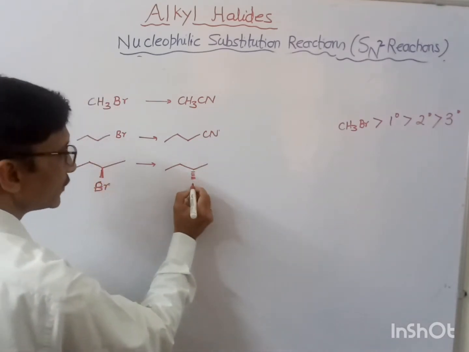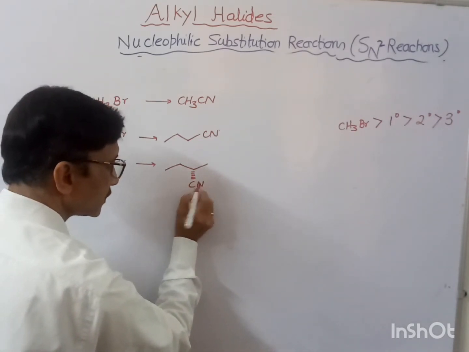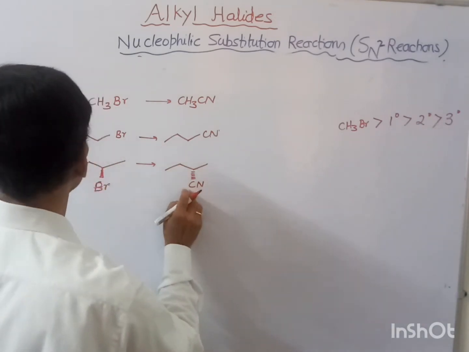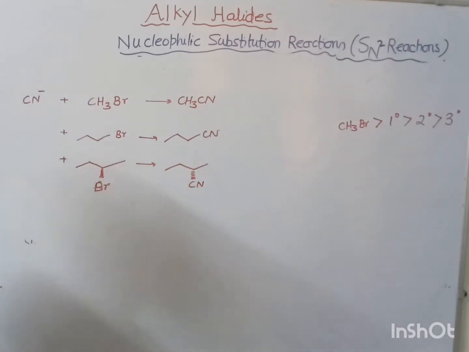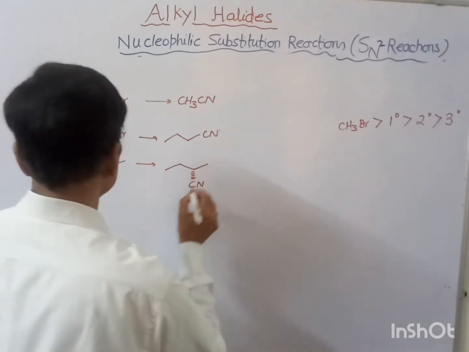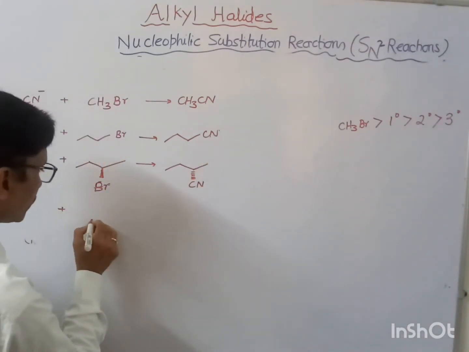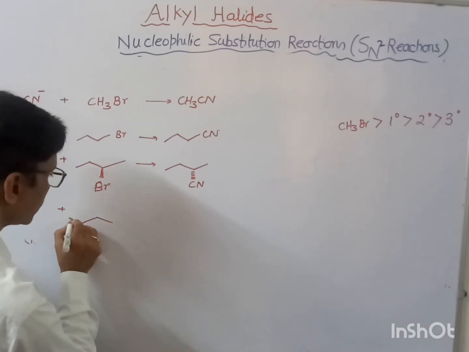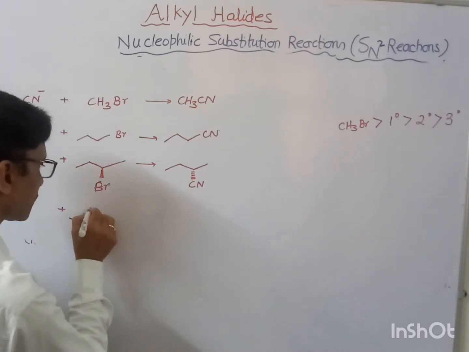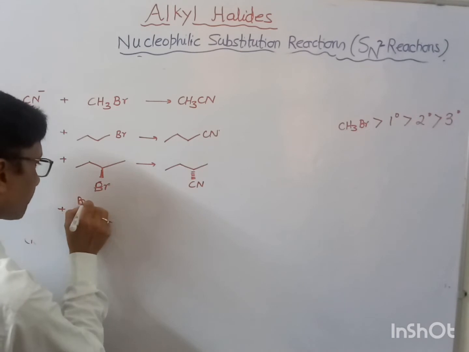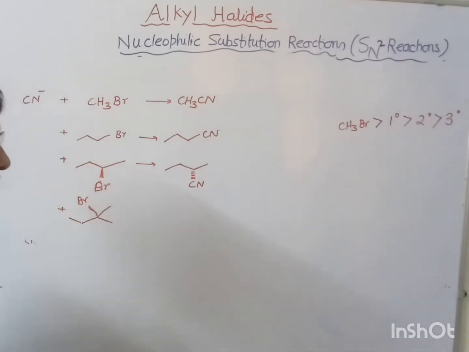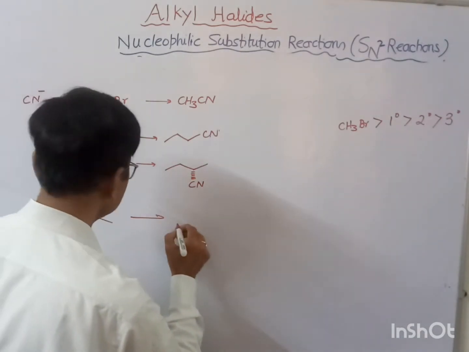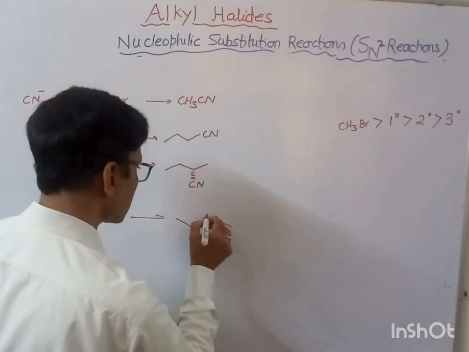So I am writing this substitution, and we are writing this nucleophile in a dash form. In the same way, suppose we have a tertiary alkyl halide, and for this we can write the substitution product.